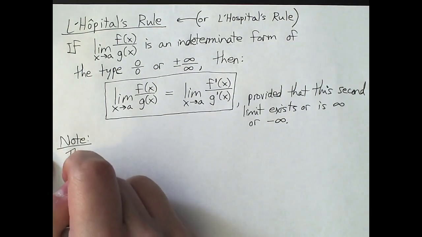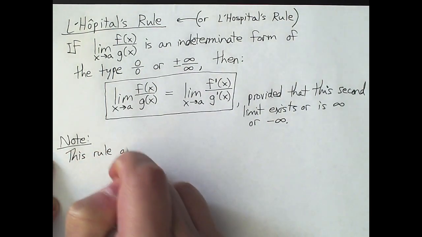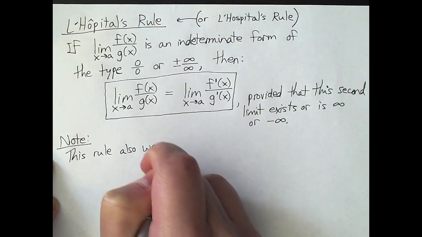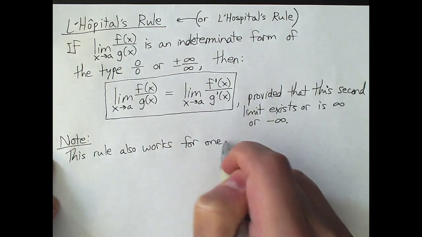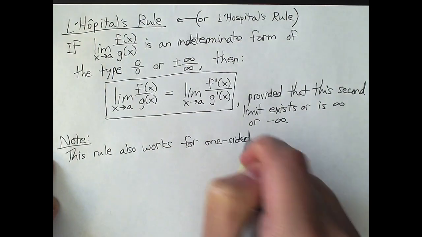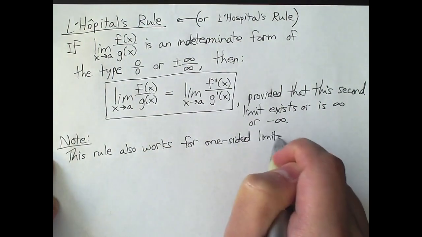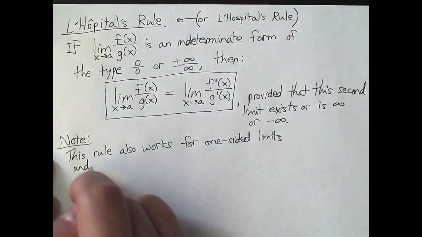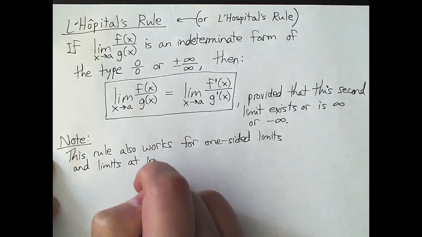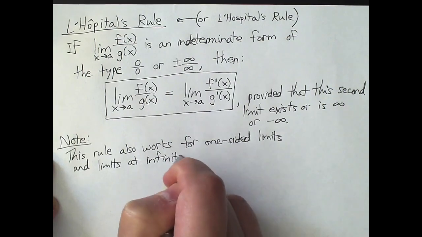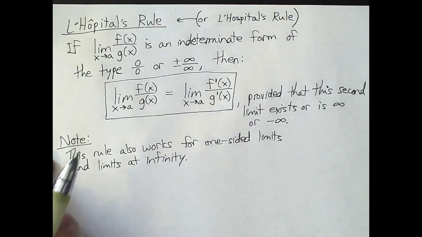So note, this rule also works for one-sided limits and limits at infinity. I wrote the formula above with x approaches a.